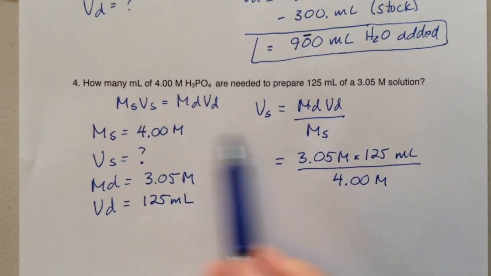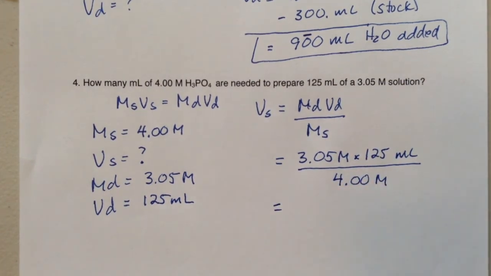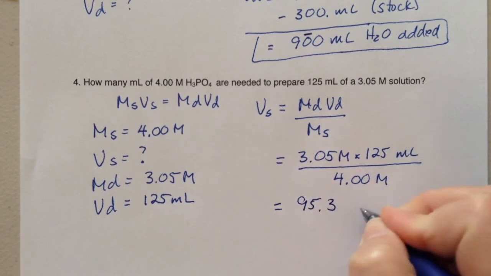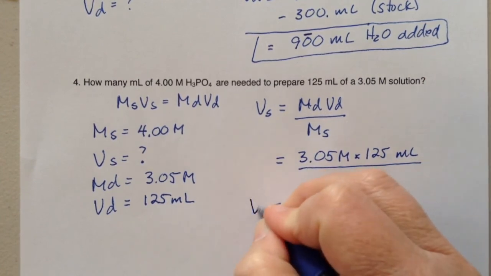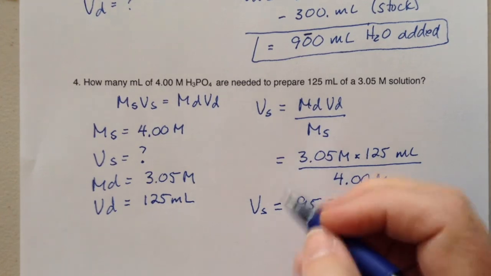So I'm just following the script. So you work this through on your calculator and you end up with 95.3 milliliters is the volume of the stock that you would need to add to make 125 milliliters of the diluted stuff. And you could figure out how much water had to be added by subtracting those two if you wanted to.